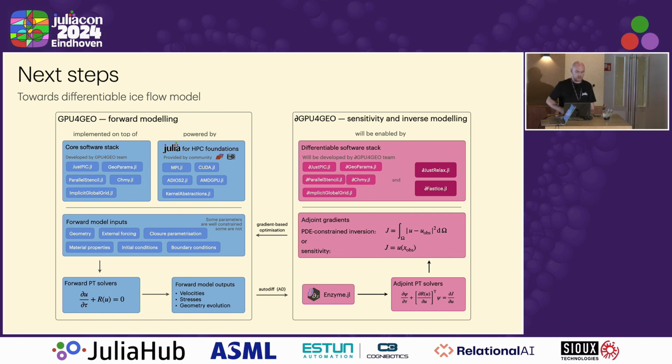You might know some of them, including ParallelStencil and ImplicitGlobalGrid, which is somehow the foundation of the thing, and Sam will tell more about it in the future. What we submitted is another project called DGPU4GEO, which is about the same but for reverse modeling to compute sensitivities. So if any of you will be a reviewer on this project, please say yes.